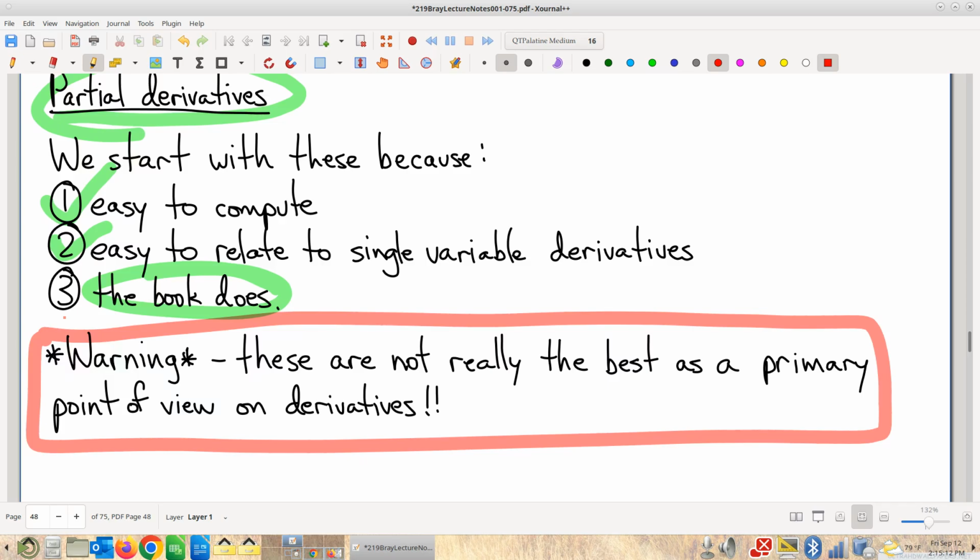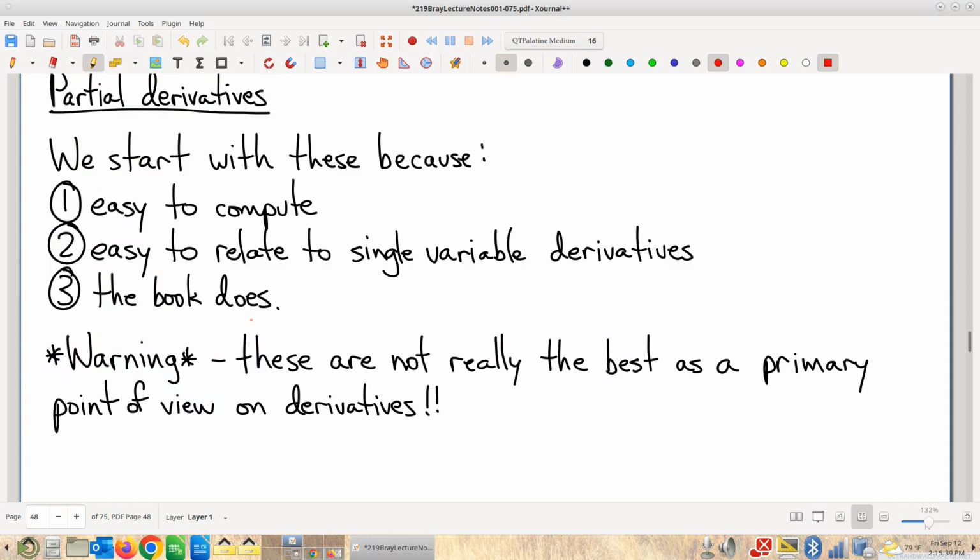There is a much, much better way to think about multivariable derivatives, and it's not this. Right, so again, I think this is the downside of starting with partial derivatives. There's this risk that you're going to think, okay, here's what it is, and everything else is tweaks of that. And I think that's the wrong way to think about it. So anyway, heads up, don't get too comfortable with partial derivatives.